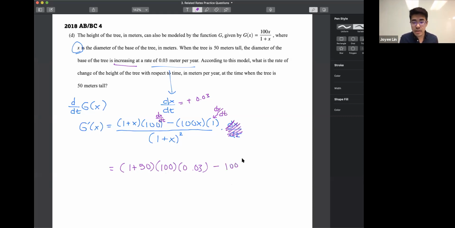Minus 100 times 50 times 1 dx dt 0.03, all of this over 1 plus 50 squared. And then what should my units be? Rate of change of the height. So height is in meters per year. So meters per year.